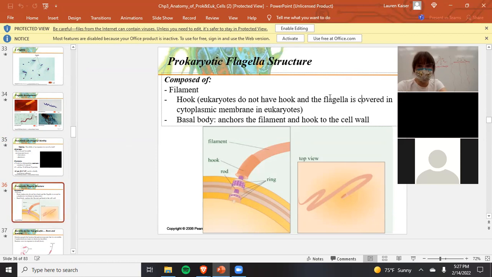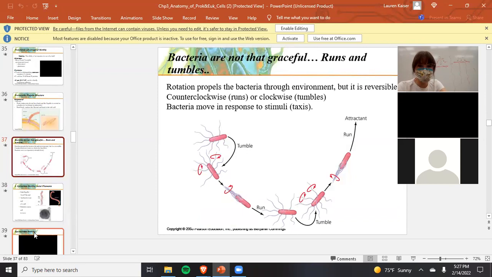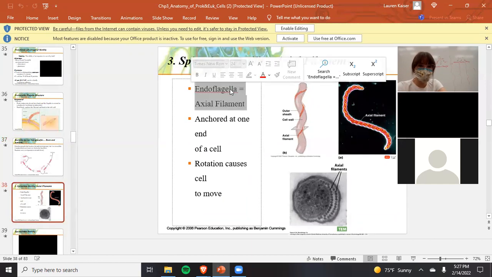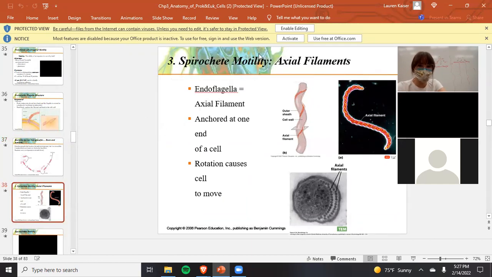So you see here, flagella is covered in cytoplasmic membrane in eukaryotes, but it isn't in prokaryotes. Know that. The tumbles and runs, remember this, that bacteria are not graceful, if you will.